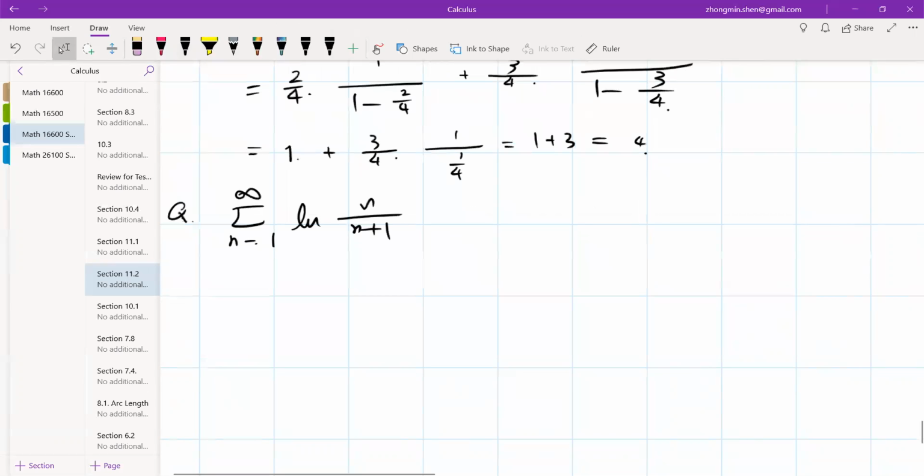Yeah, think about it, okay? Is it convergent or divergent?